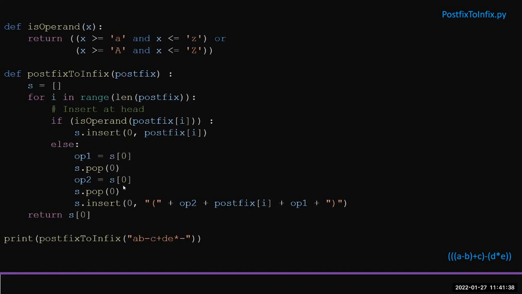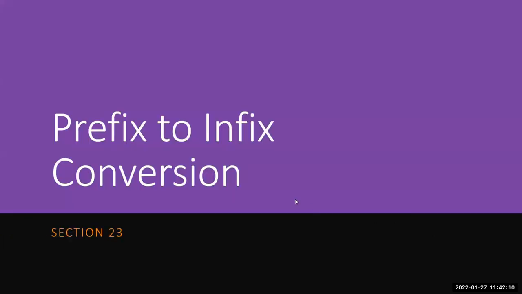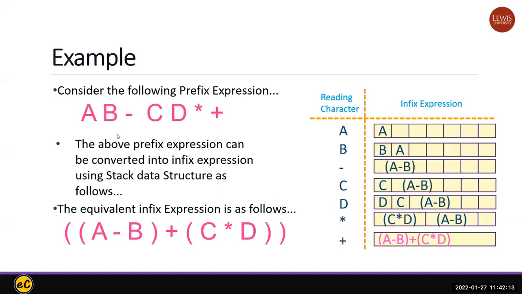So you pop out 2 operands, and then you insert the parenthesis with the 2 operands and the operator in the middle, insert it to the front, and when you finish, you take out the whole thing, and that one is the string that you want to have. So this one is the conversion of the so-called postfix to infix.